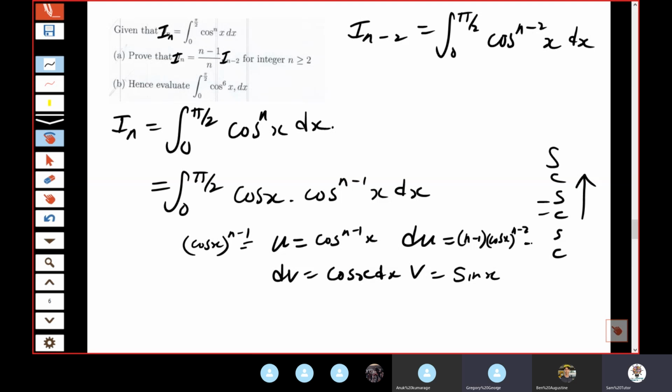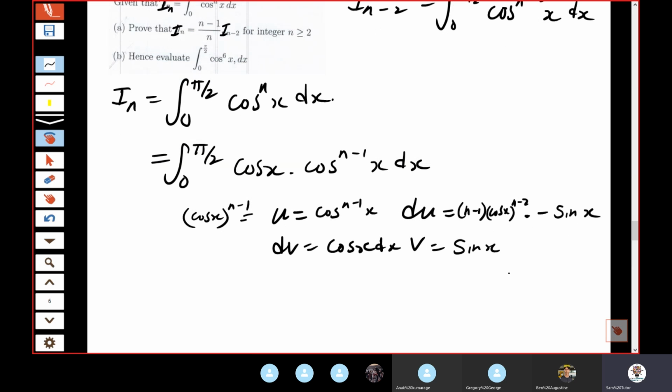And then the derivative of the inside. Don't ever forget that rule. Differentiate the inside. So what's the derivative of cos x? Negative sine x. Good. You can't forget those rules. You've got to keep saying them to yourself. Differentiate the inside times negative sine x.